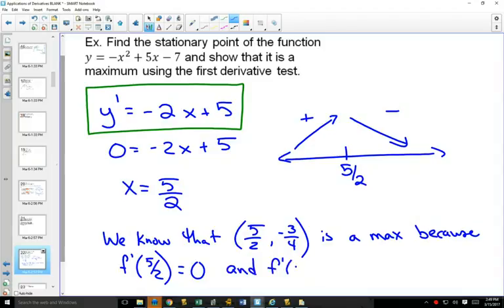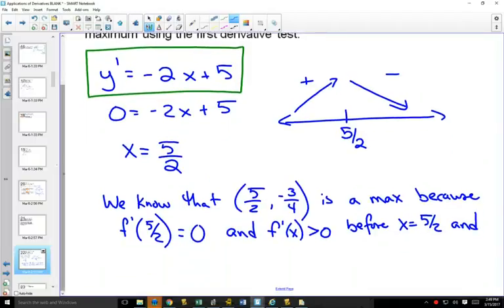And f prime of x is greater than 0 before x equals 5 over 2 and f prime of x is less than 0 after x equals 5 over 2.